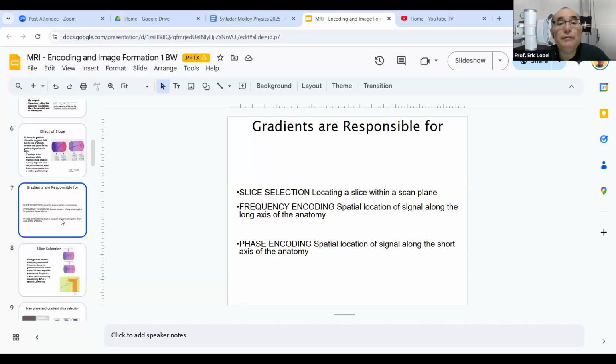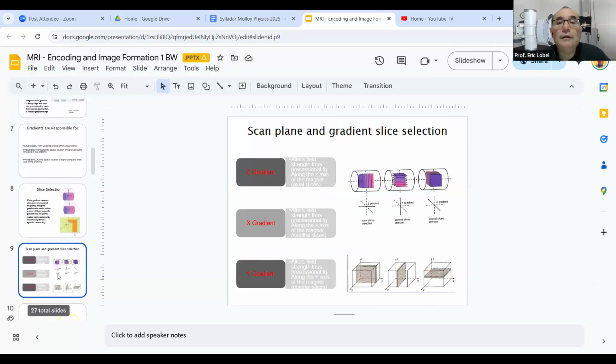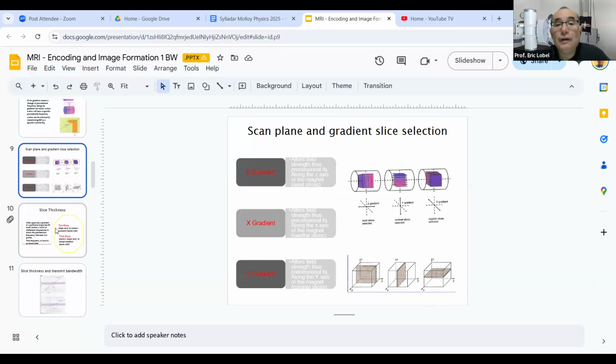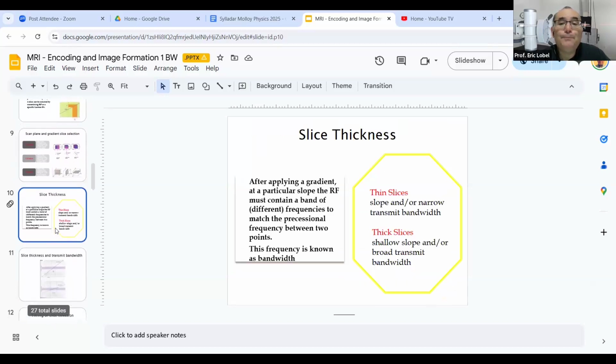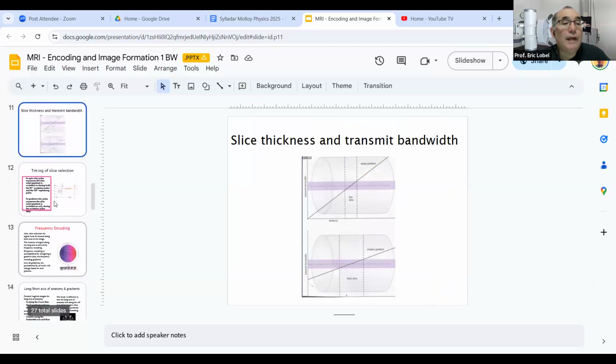And then we will specifically get into how they do slice selection, how they do the thickness of that slice, the timing of that event, and then we'll switch to phase encoding.